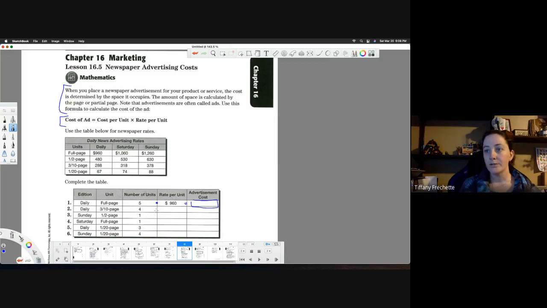Once you know your unit rate, you're just going to multiply each one of these going across. It's going to be the same calculation going down. Because once you know your unit rate, how much it costs for each one I want, you just have to multiply by how many you want, and that'll tell you your total cost. If we look at this second one here, we have daily again, and we're looking at 3/10 of a page.